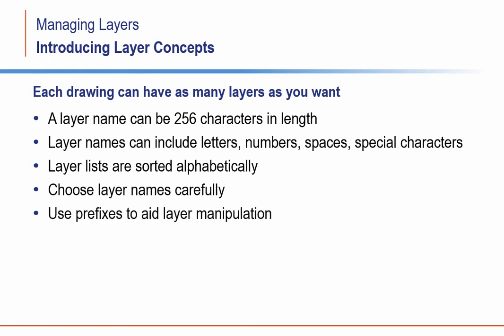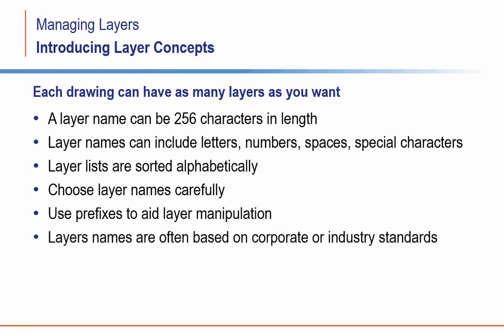Use common prefixes to name layers with related drawing components to make it easier to manipulate groups of layers. You may be required to name layers based on corporate, industry, or client standards, and many professional organizations publish layering standards that you can use to name the various layers in the drawing.